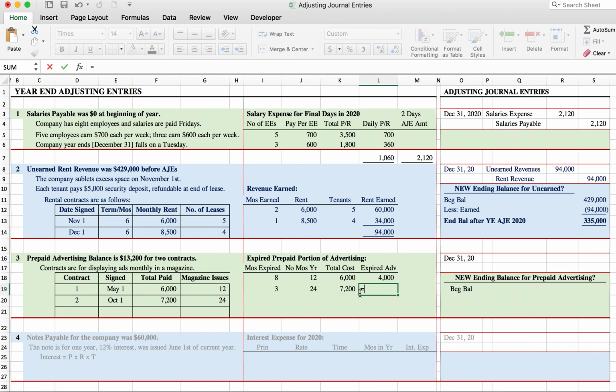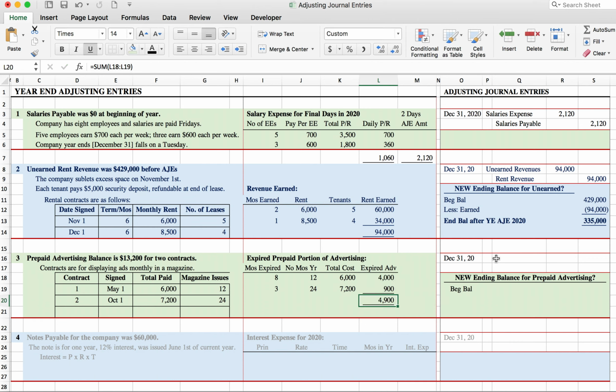So in order to determine the amount of expired advertising, same thing: I'm going to take 3/24 of the total cost paid, and that's $900. So the expired advertising is equal to the sum of these two numbers, which is 4,900.